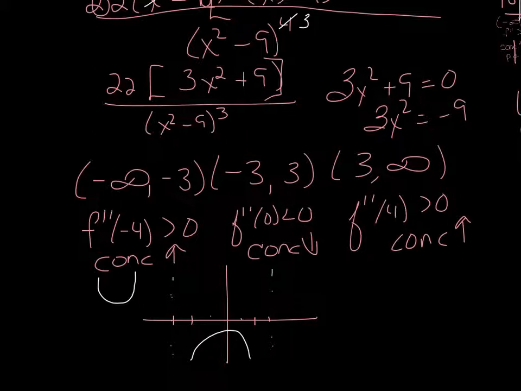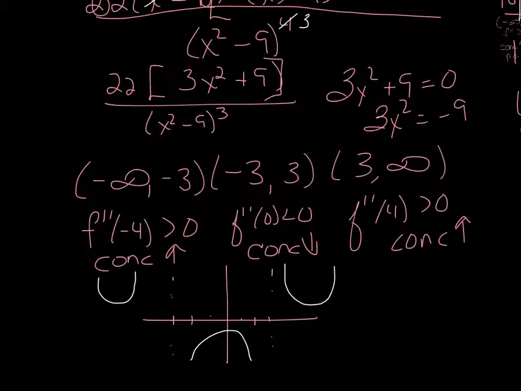Concave down, concave up. My placement may be off, but as far as concavity is concerned, that's what it would look like. No points of inflection, because there's no point on the graph where concavity changes.